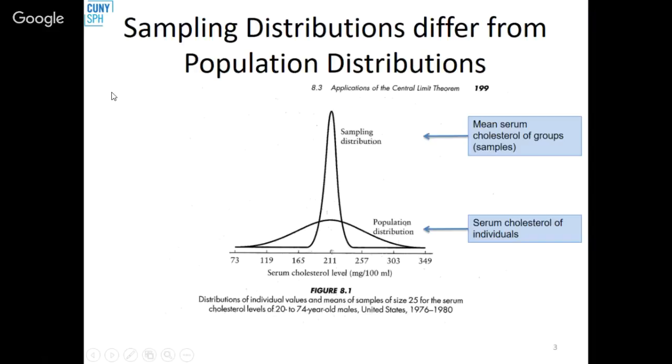So just to review, we got into last class sampling distributions and saw that they differ from the population distributions. They're related to the population distribution, but they're different.